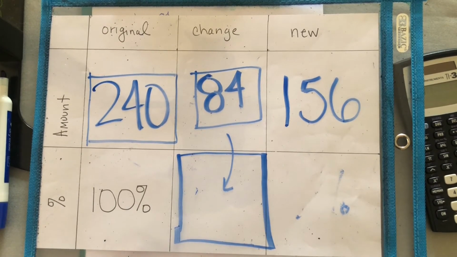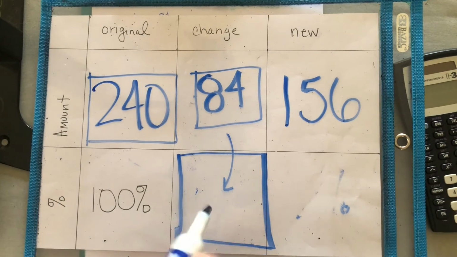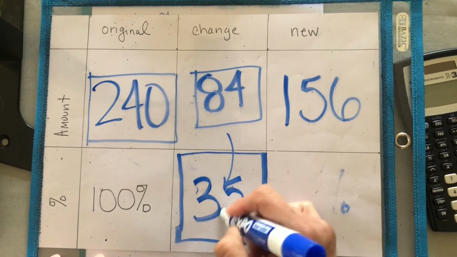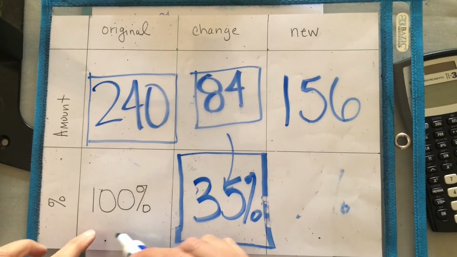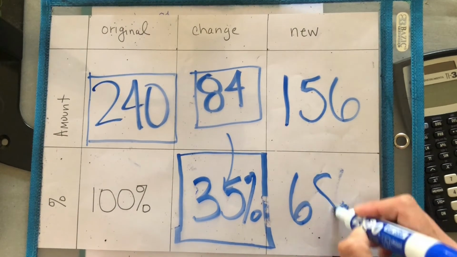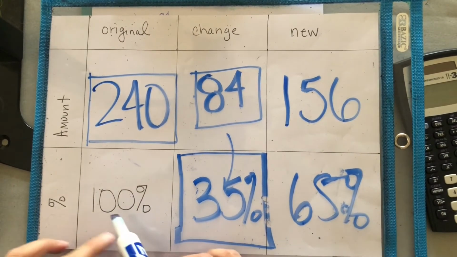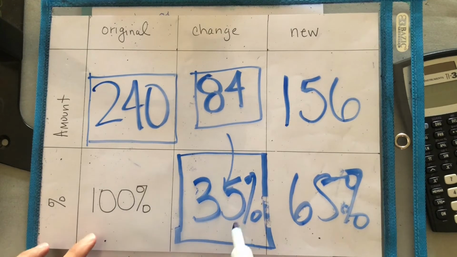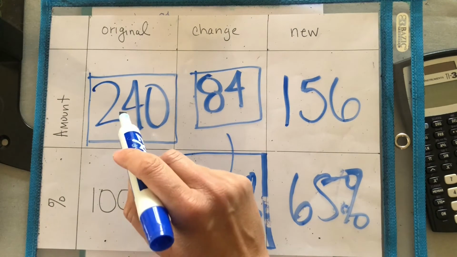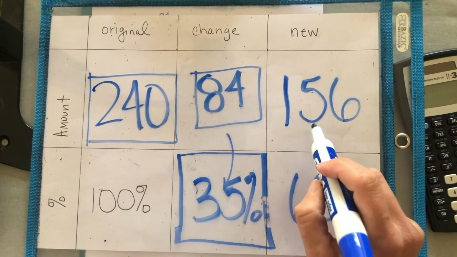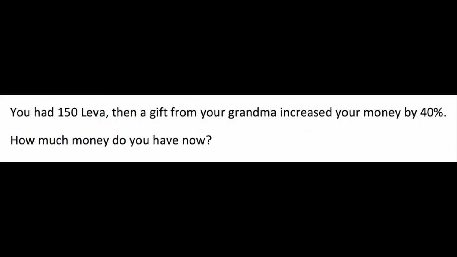So now when I go back to my grid, I know that that percent of change was 35%. And that means that I have 65% of the money I had when I started because I took 35% away. And the nice thing about the grid is you can check also that if I find 65% of 240, I should get 156.